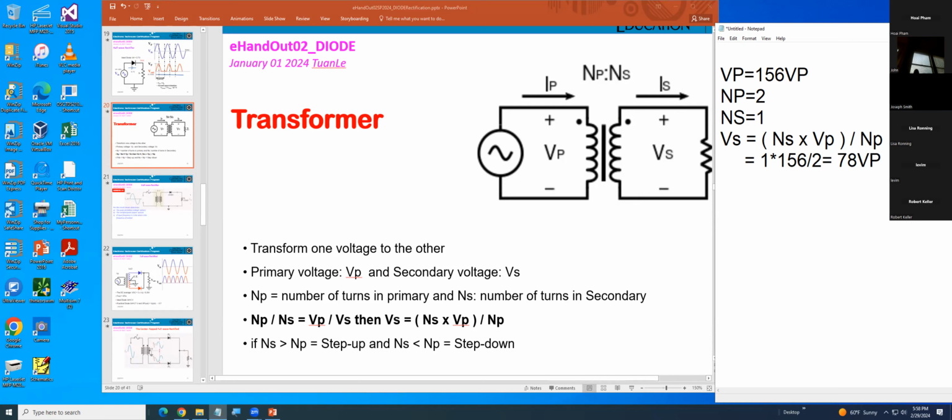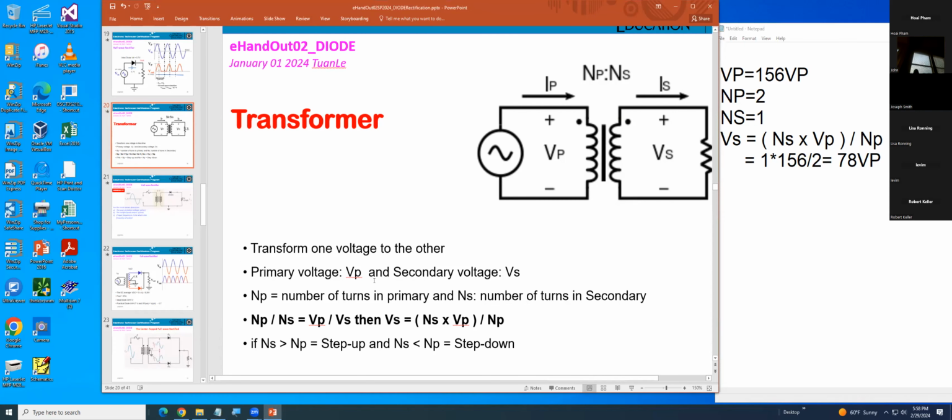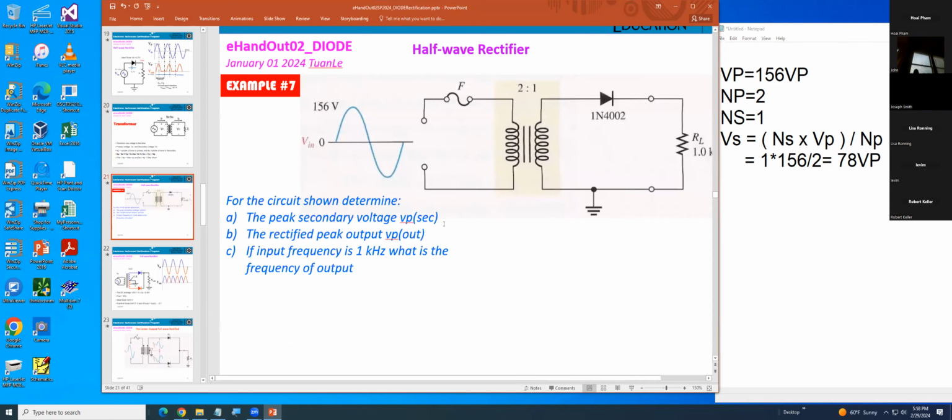That's why they want the primary to be very big, and they want the secondary smaller. It would be a step down because VS is a lower voltage than the primary VP.